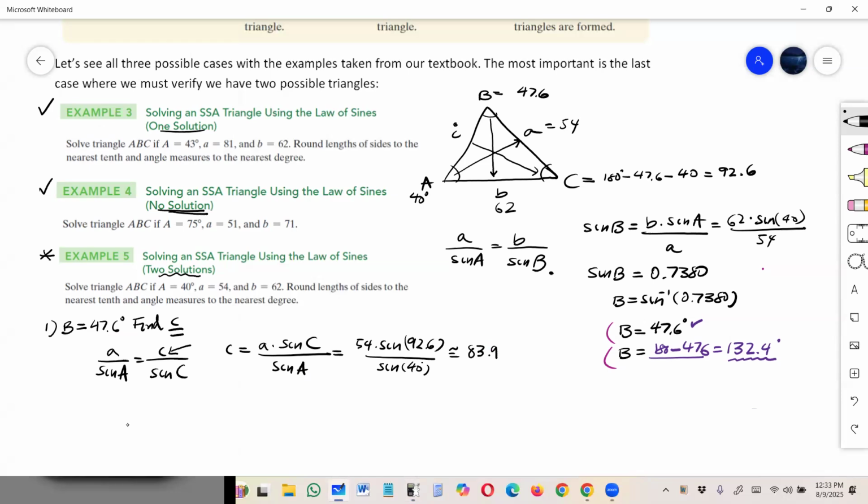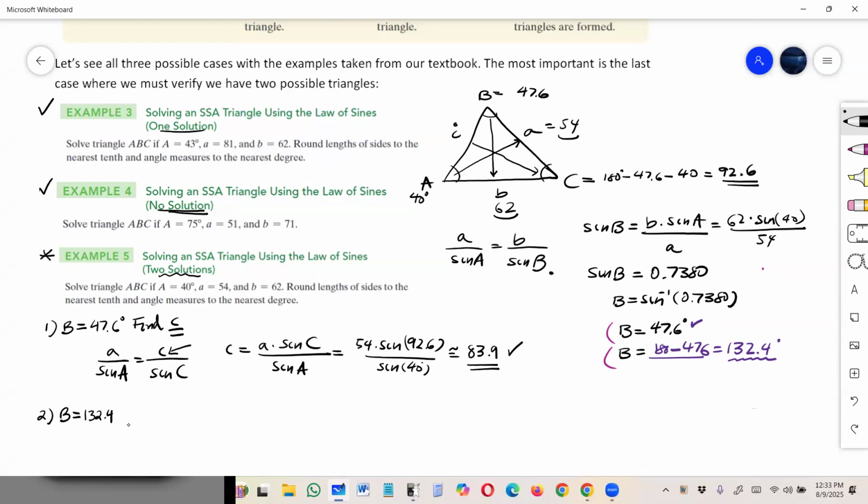I found all of the sides. This is done. Now I have to check the other possibility when B is 132.4. Now, don't forget to check, right? Now, angle C is the largest, so side C has to be the largest. So 83.9 has to be bigger than B, which is 62, and right, it is, so we're good.